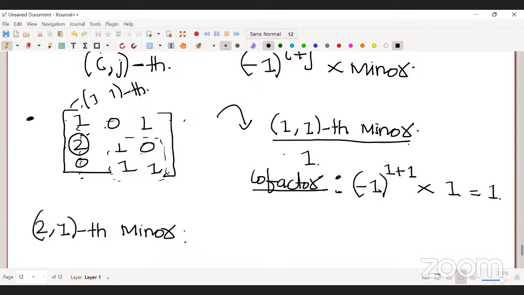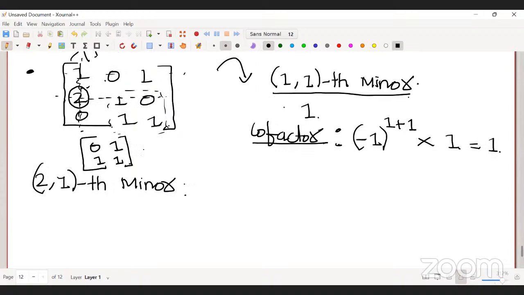I have to omit the second row and the first column. If I omit the second row and the first column, I'll get a matrix. What is that matrix? 0 1, 1 1. And the determinant is -1. The minor is -1. Okay. And what about the cofactor?